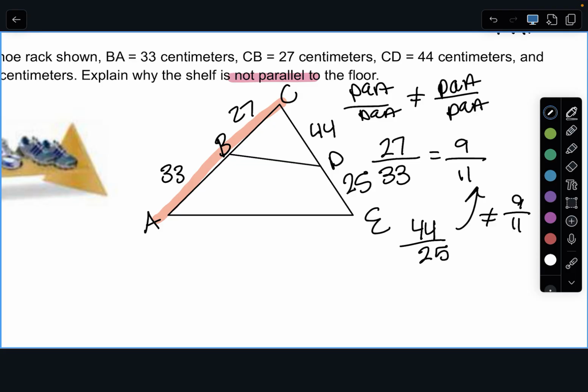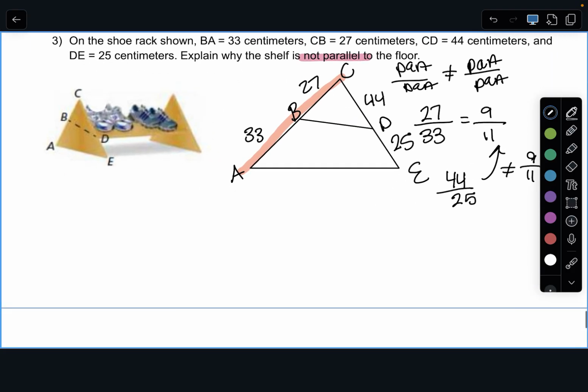But it says explain. So for my explanation, we could say that BD, our shelf, was not parallel to AE, our floor, because part over part was not equal to part over part.